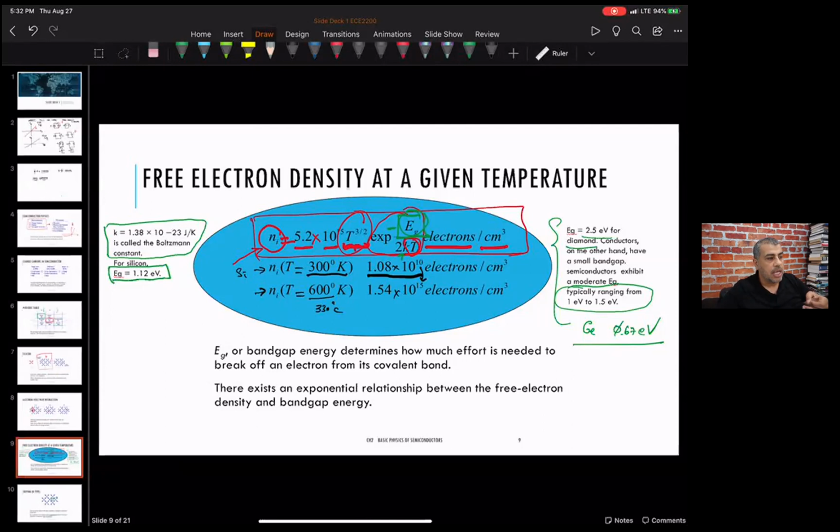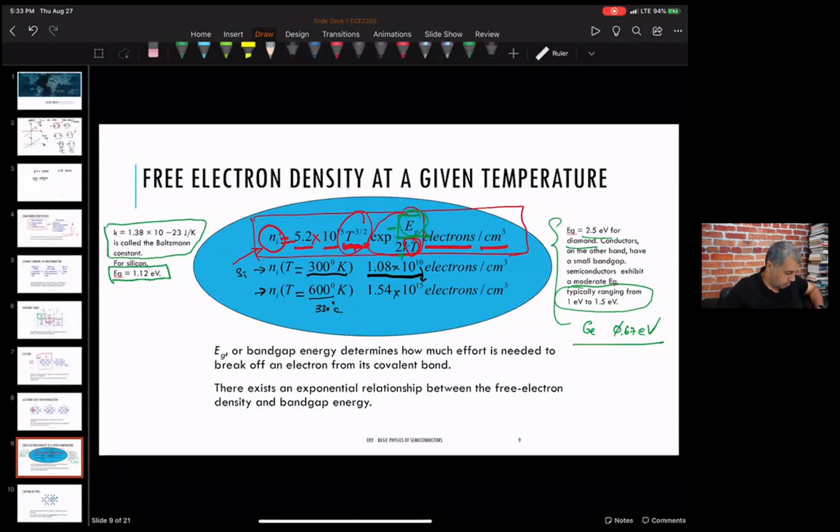The other thing to take away is that as temperature increases, the carrier density goes up significantly. I see about 5 orders of magnitude here. 300 degrees is a lot of temperature difference, but temperature went up by a factor of 2, and the carrier density went up by 5 orders of magnitude.